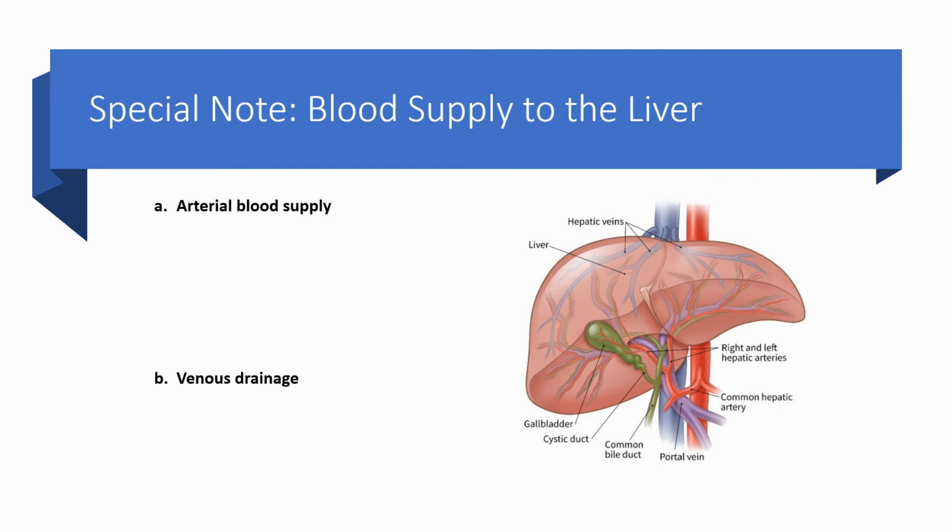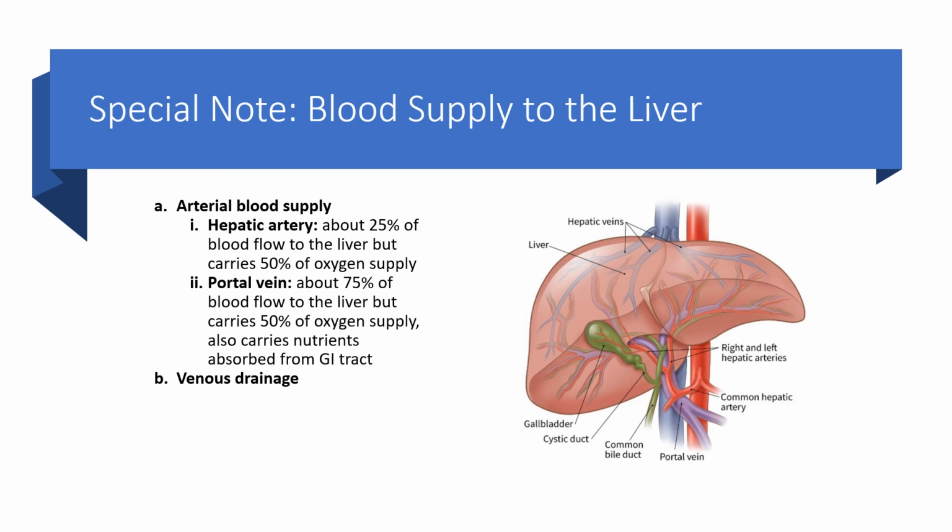Now let's make a special note of blood supply to the liver. Let's talk about the arterial blood supply. The hepatic artery supplies about 25% of the blood flow to the liver, but carries 50% of the oxygen supply.